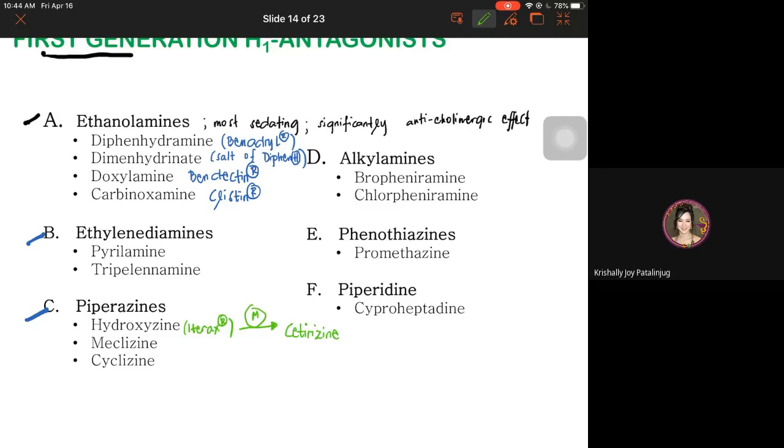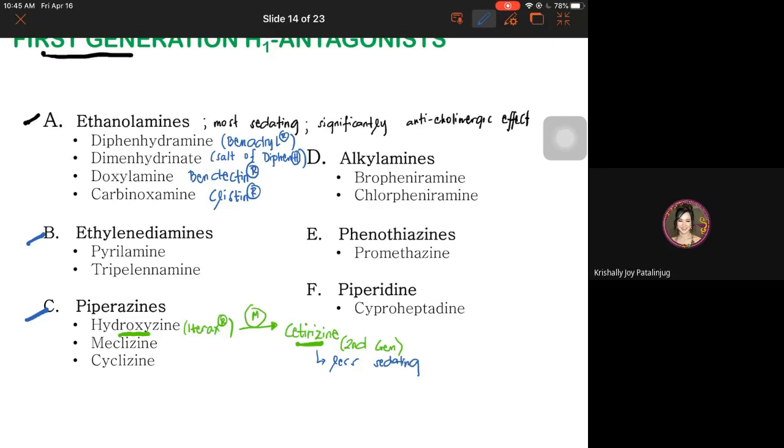Si hydroxyzine pala, isa siyang prodrug ng cetirizine. And cetirizine, this is a second gen. Nasa sa inyong notes, second generation nga H1 blocker. So between hydroxyzine and cetirizine, less sedating yung cetirizine kasi second gen man siya, di ba? Less sedating siya.